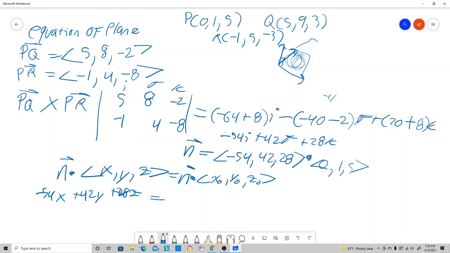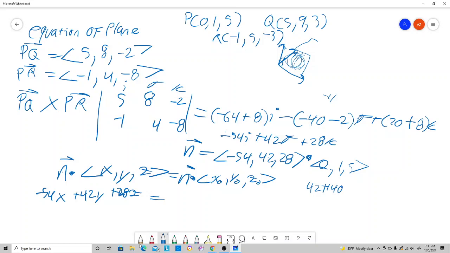So this times this is 0, then 42 times 1 is 42, then 28 times 5 is 140, plus 140.